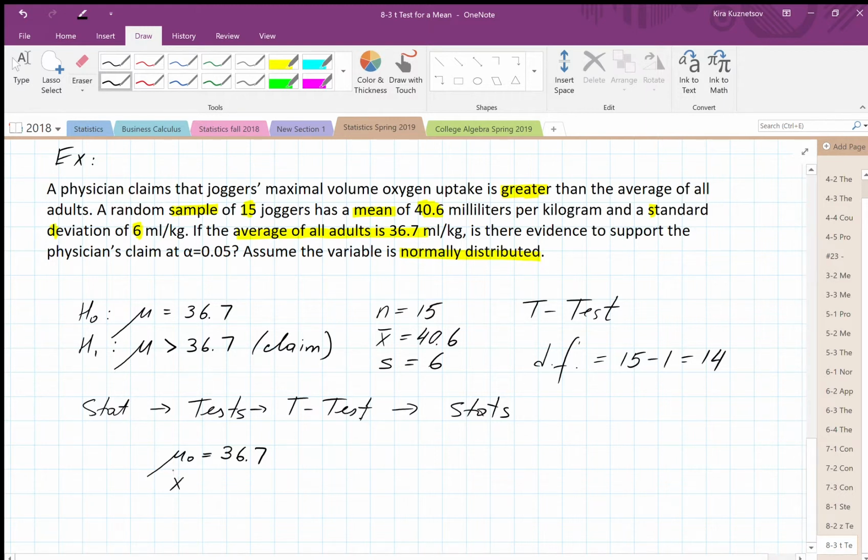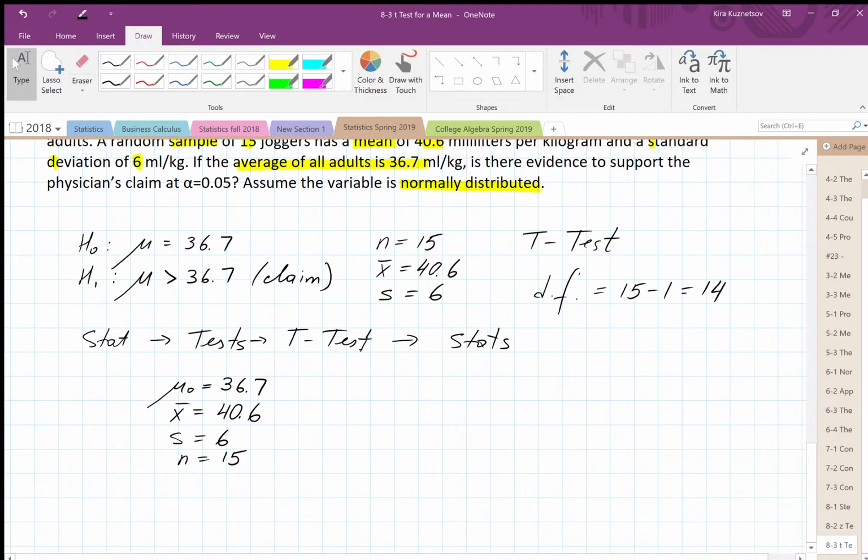Under X bar is the information that they gave you, 40.6. Under S, you will put 6. It's asking for N, so you're going to enter N is equal to 15. And then you're going to choose a right tail test. So you're going to choose greater than mu sub 0, and then push calculate.